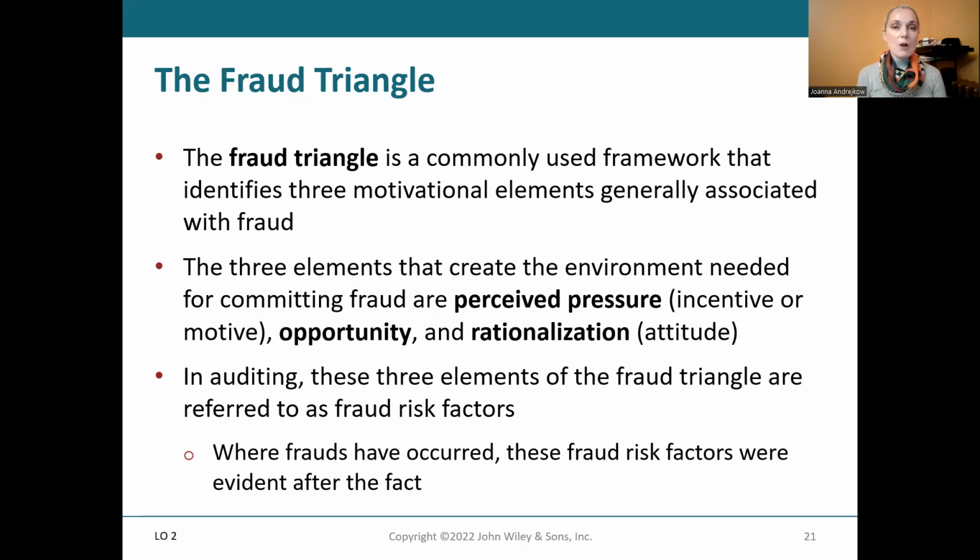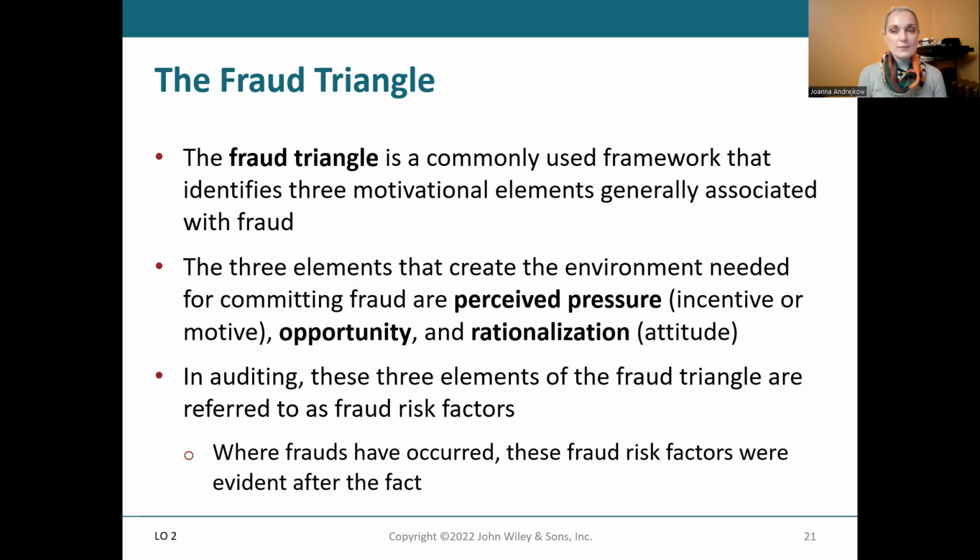Opportunity, and usually opportunity involves a weak or at least an inadequate internal control system. So the person has the ability to commit the fraud and go undetected. And then there's rationalization or an attitude. The individual committing the fraud can talk themselves into the situation and make it seem like it's not bad and what they're doing is right.